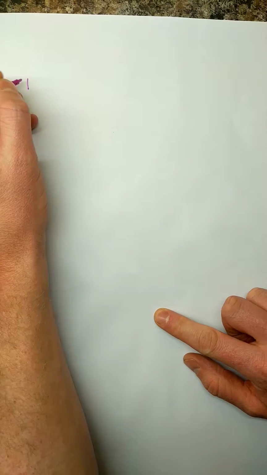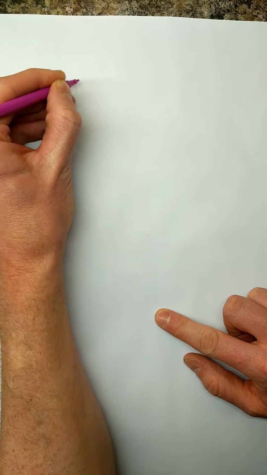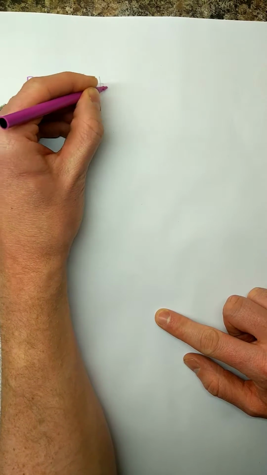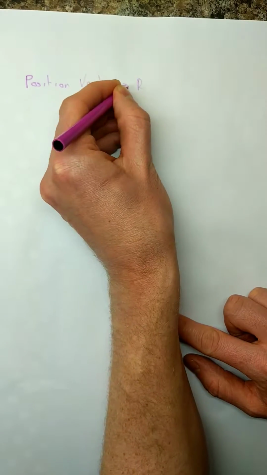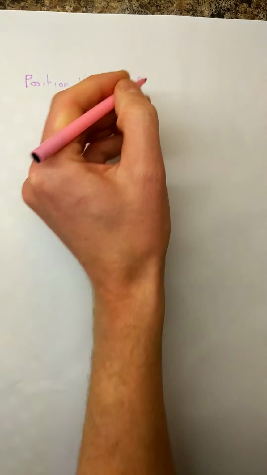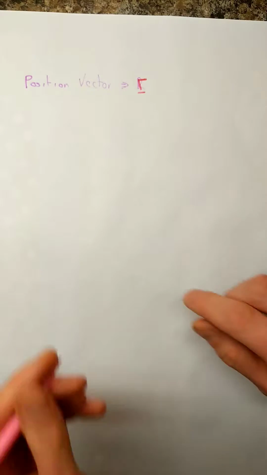The first one is the position vector. The position vector is given the symbol r. So it's an r that we're going to give for the position vector.